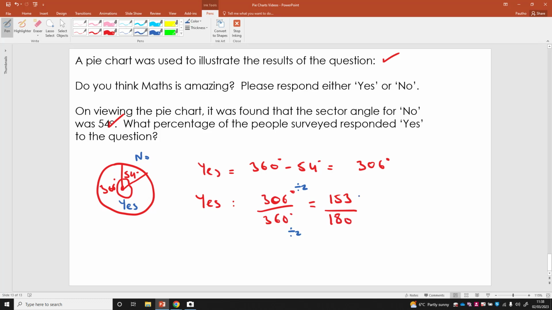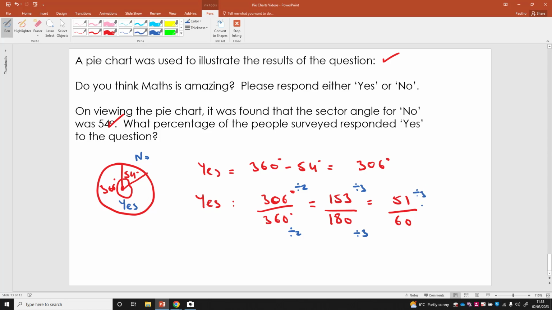You might see again that these are both in the 3 times table. How many 3s in 153? Well, 51. And how many 3s in 180? 60. And actually, they're both again in the 3 times table.